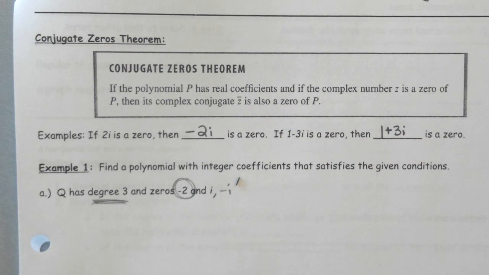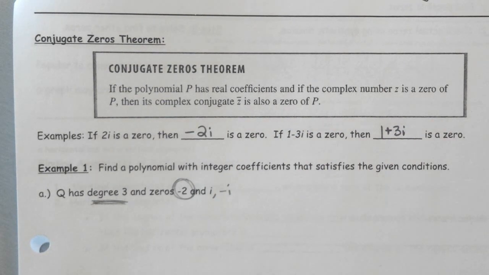Same thing with any irrational numbers, they also are going to travel with a buddy. So anytime you come across i's or irrational numbers, again, buddy system. Now, do I have enough zeros here to match the degree? Perfect.